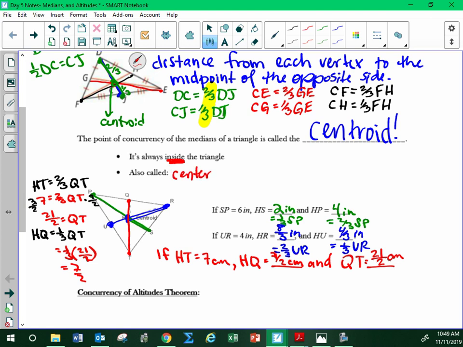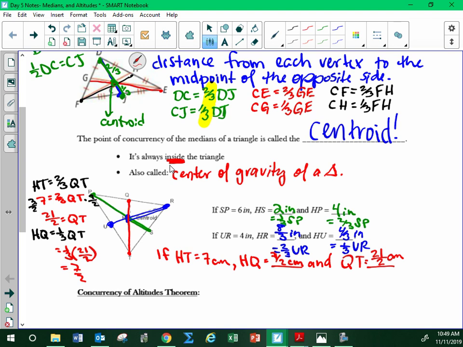Center of gravity of a triangle. Any thoughts as to what that means? Keegan? It's like the point where it's perfectly balanced on a single point.